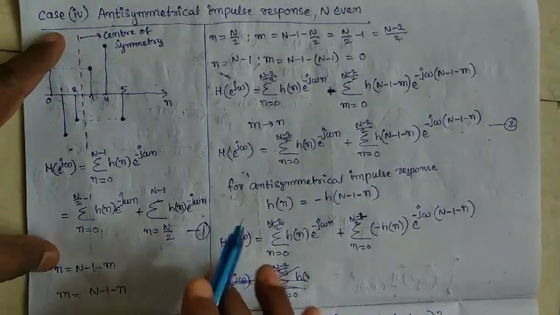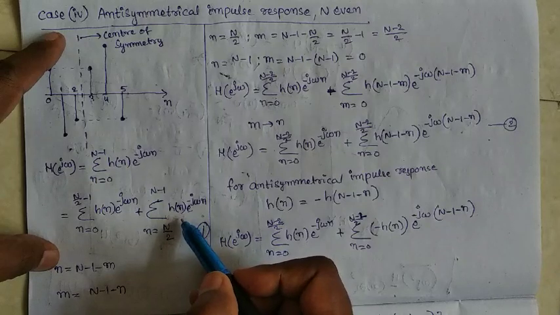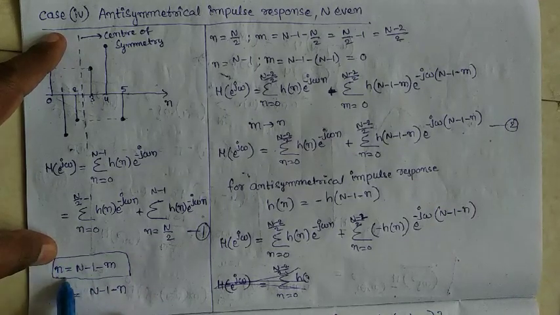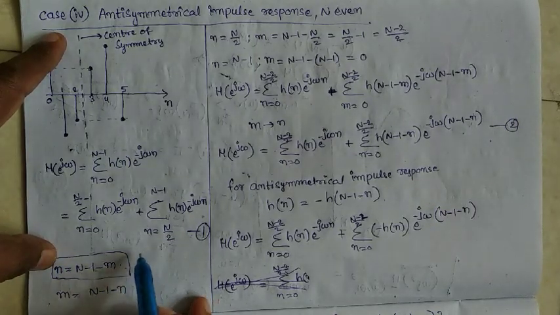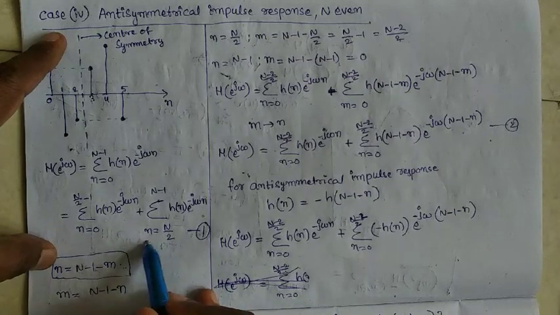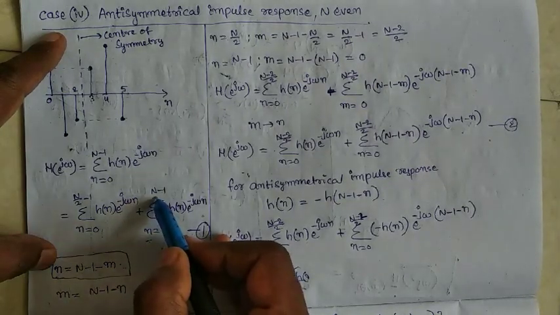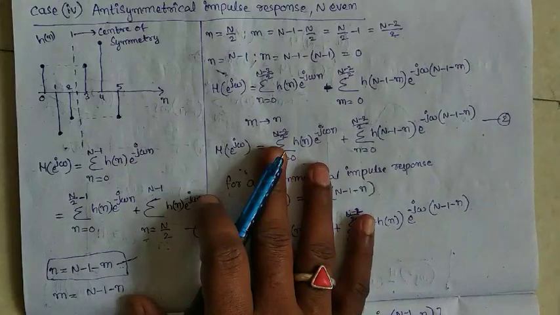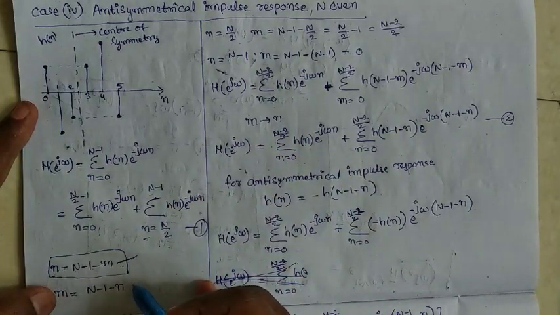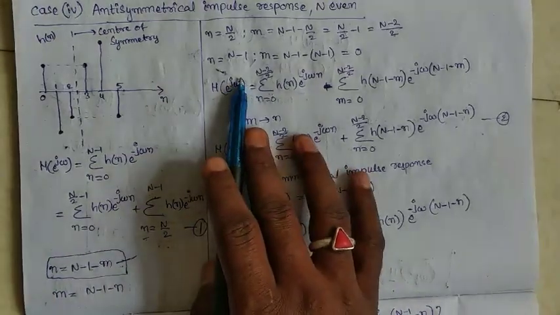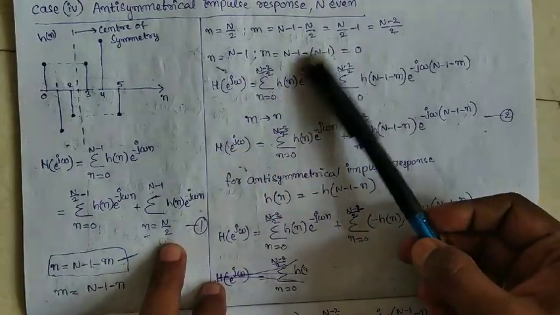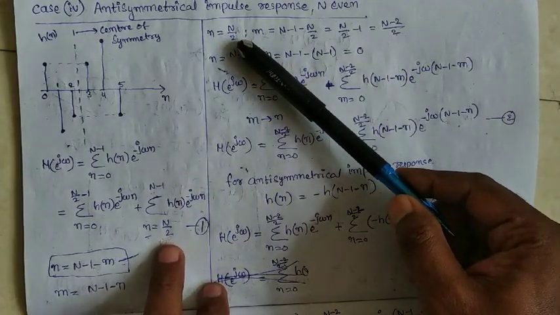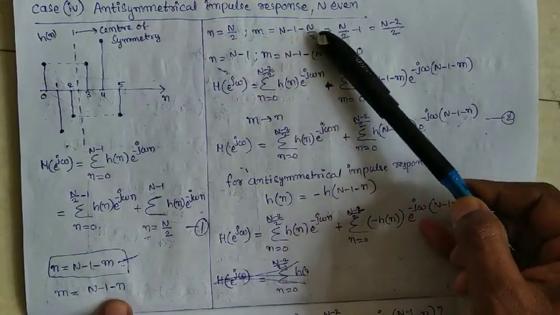Now in the second summation I substitute n equal to capital N minus 1 minus m. From this we calculate m, so m is equal to capital N minus 1 minus n.